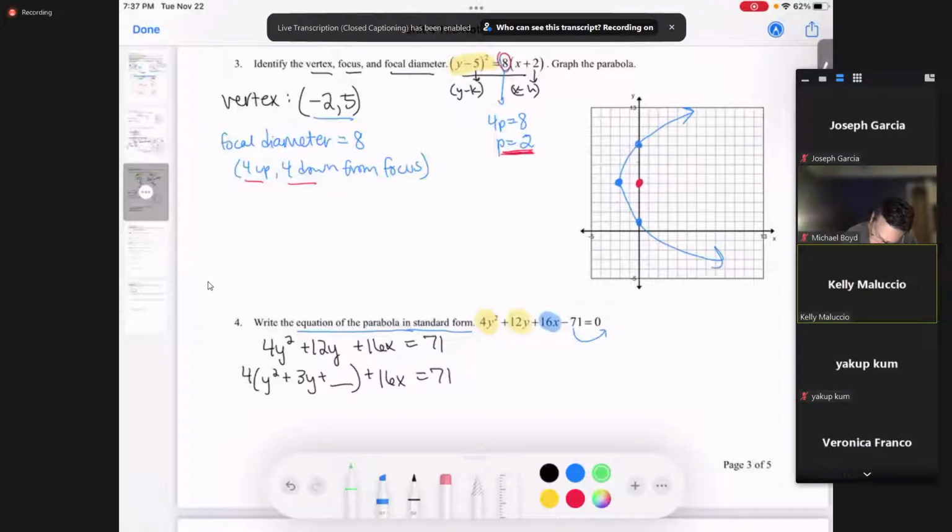And this blank is 3 divided by 2, then squared. So this is 3/2 squared, so it's 9/4. And I'll say plus 9/4. Oh, but it's times 4. So it's plus 9 on this side, because remember, it's multiplied by 4.